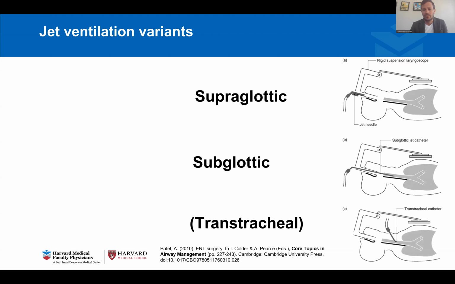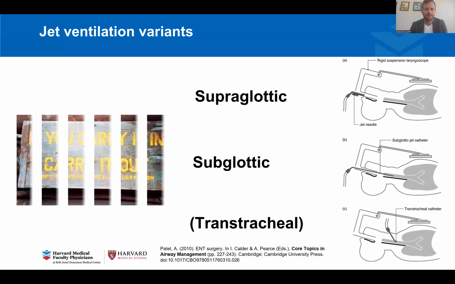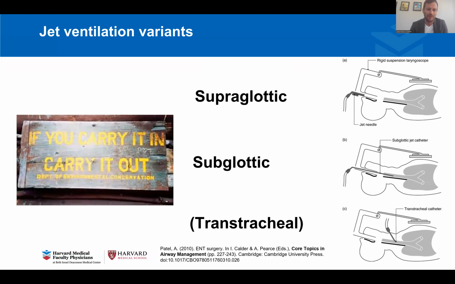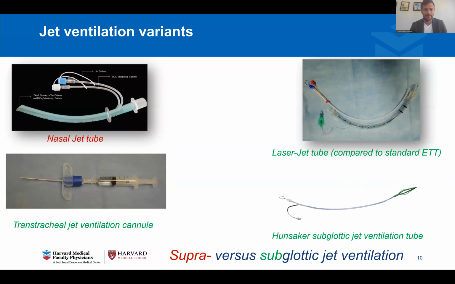And then most importantly, for emergency situations or other more individual scenarios, you can also consider transtracheal, which in the end is basically a subglottic variant. And yeah, it allows basically jet ventilation through any device or any needle that is inserted through the trachea. And that was what I mentioned before. If you carry it in, carry it out. So think about expiration and obstructed airways. Make sure that if you use jet ventilation, that expiration is still facilitated.